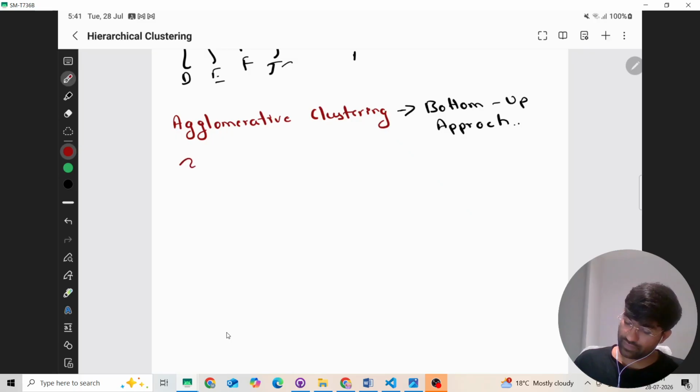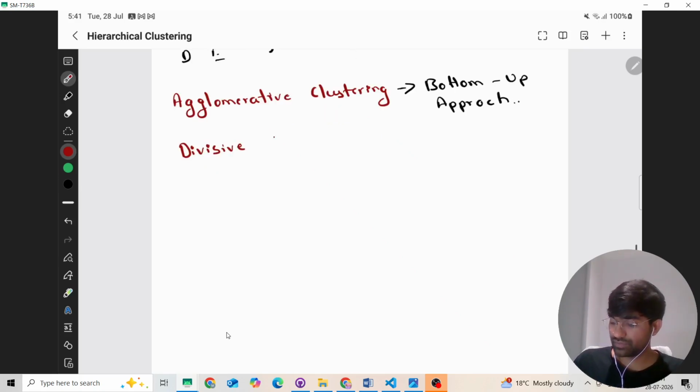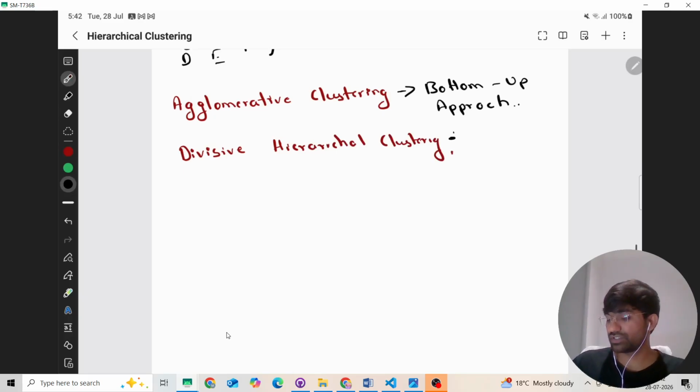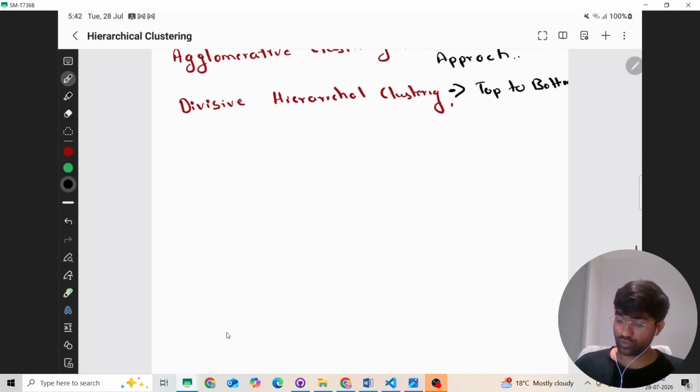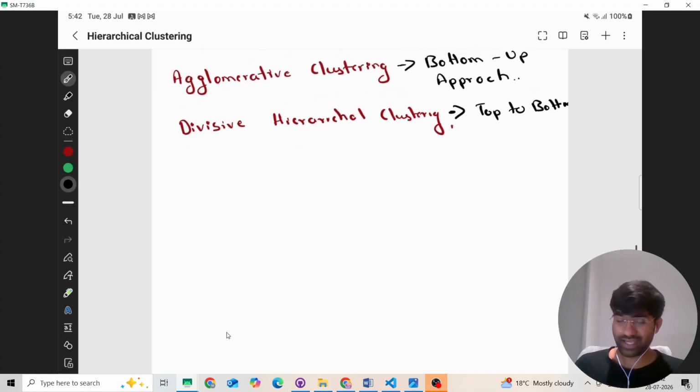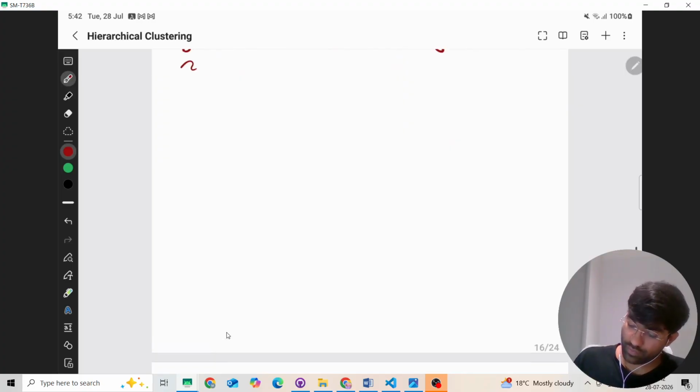And if it uses top to bottom, it is known as divisive hierarchical clustering. It uses top to bottom approach. Okay, let's learn both of these hierarchical clustering methods. First, we will learn the agglomerative.